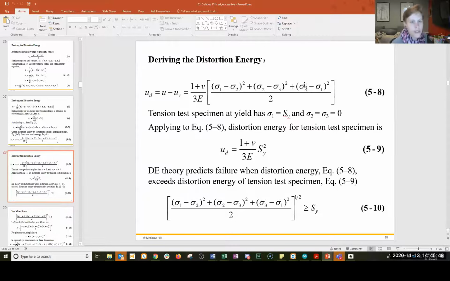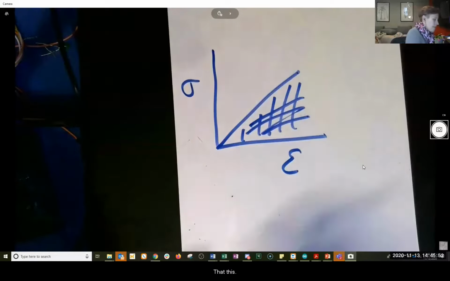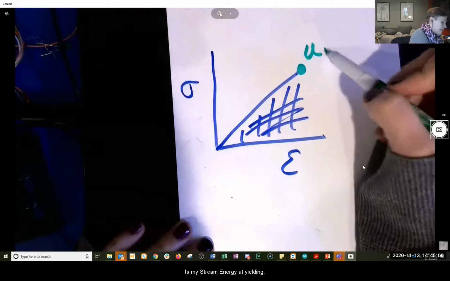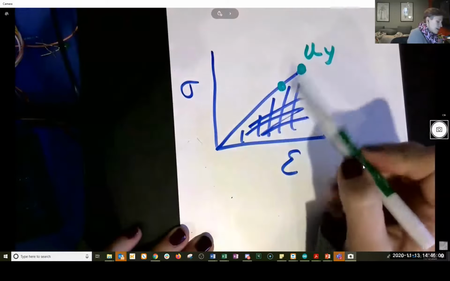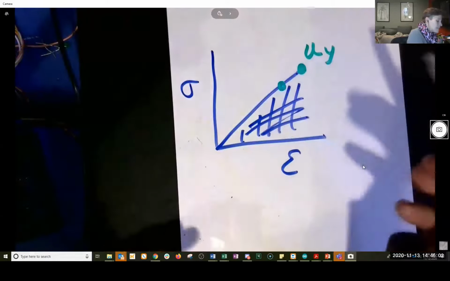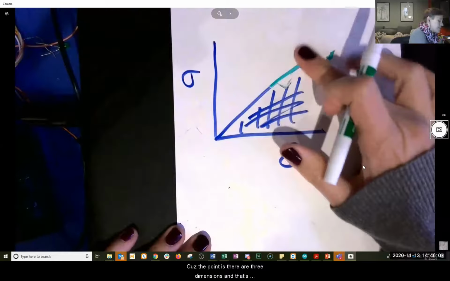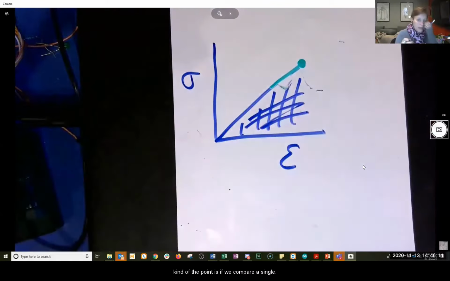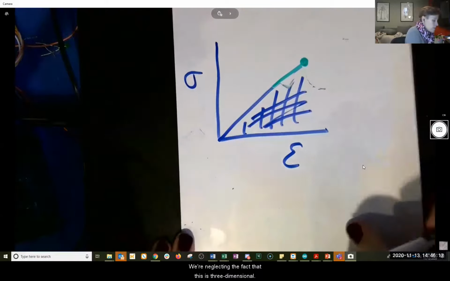Sorry. Of course. So if I know that this is my strain energy at yielding, it doesn't work very well on a diagram, because the point is there are 3 dimensions, and that's kind of the point: if we compare a single force or single stress to a single strength, we're neglecting the fact that this is 3 dimensions.